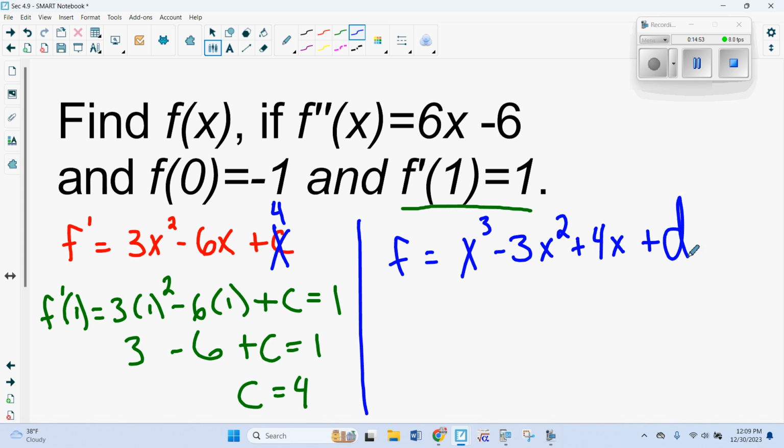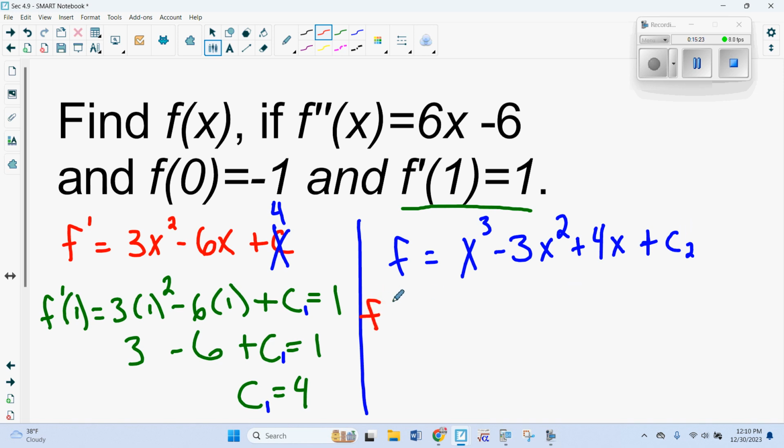One option is just to call it d for another constant. Some people will, in this kind of problem, call this C2, and this back here was C1, just so as these problems can get more complicated in the future, that if we have multiple constants, we don't confuse them. I'm just going to go C2. If you'd rather make it D or some other variable, that's fine.